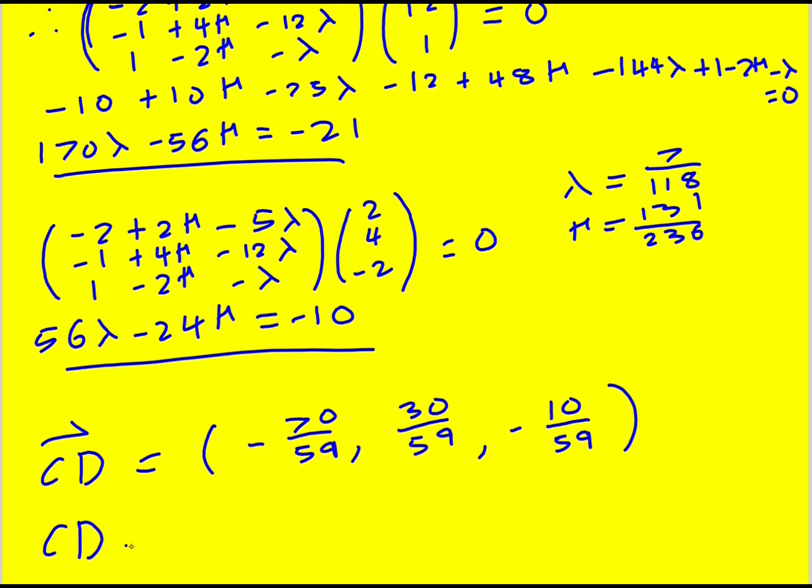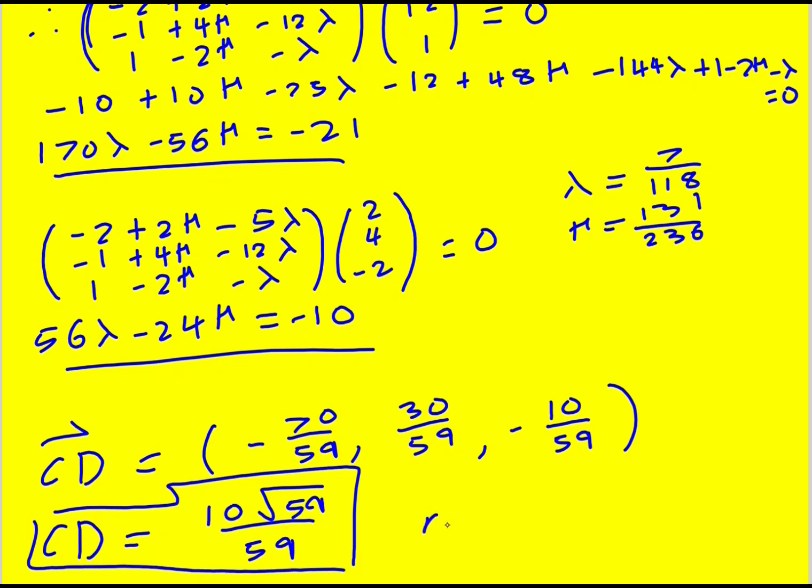Which means CD itself, we can use 3D Pythagoras, so square them each, add them, and then square root, and this will give a final answer of 10 root 59 over 59. That is the minimum distance between the lines. Ooh, well done.